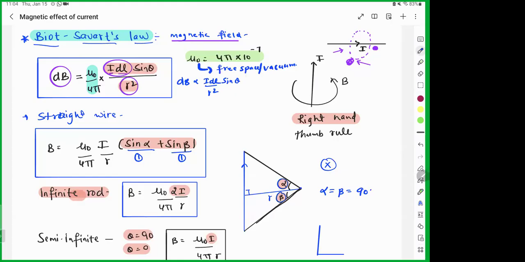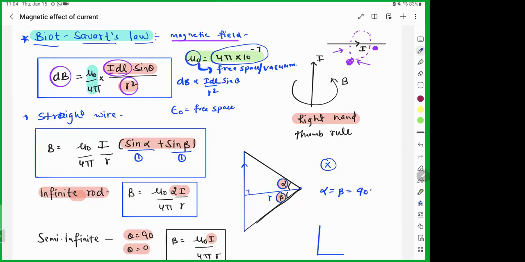Same thing like when you were taking permittivity, epsilon naught was for free space or vacuum. For a given medium, it was epsilon. Same. For free space or vacuum, it will be mu naught, but for a given medium, it will be mu. And the value is 4 pi into 10 to the power minus 7.